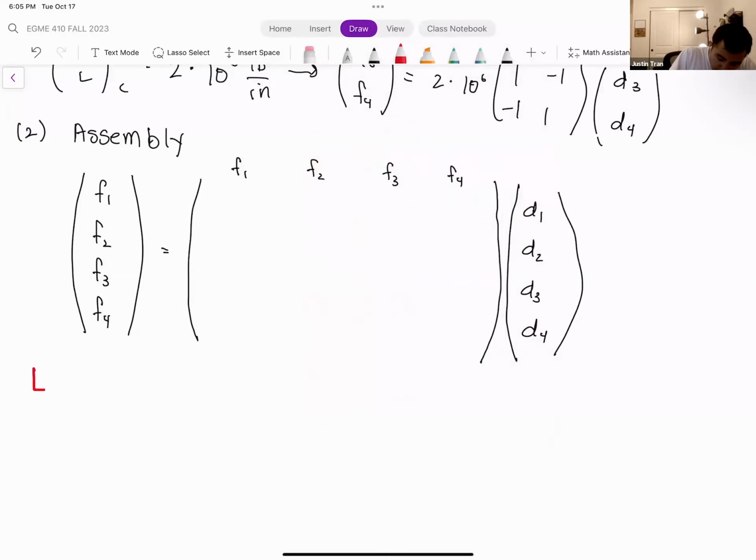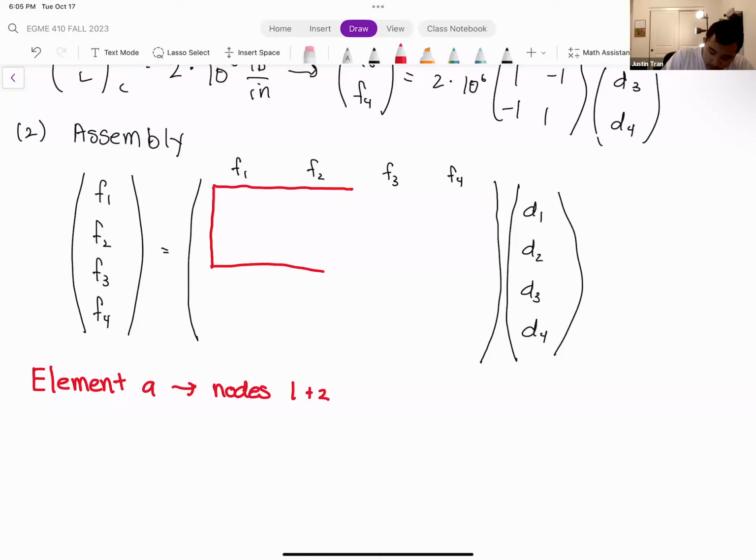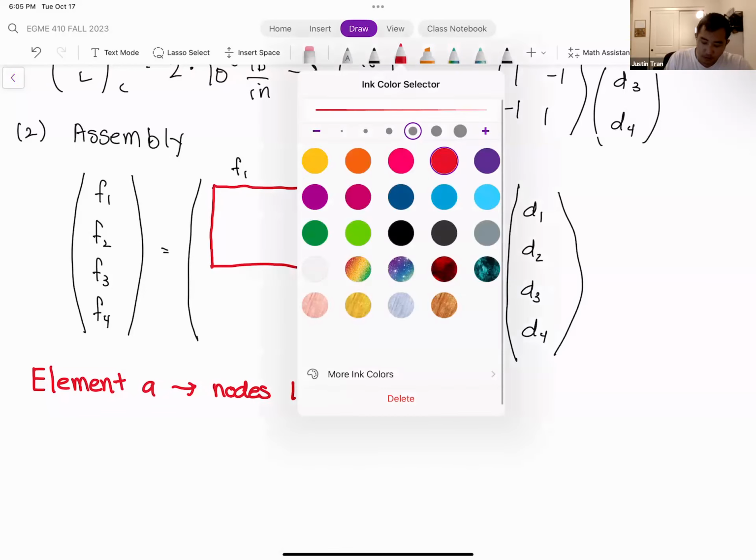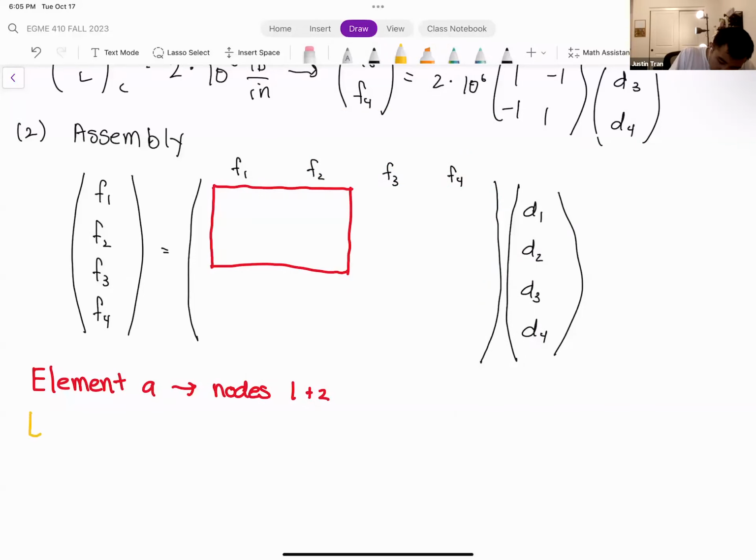Okay. So let's start with element A. We know element A is connected to nodes 1 and 2. And so that area of the global stiffness system is going to be here. Then we come to element B. Element B we know is nodes 2 and 3.